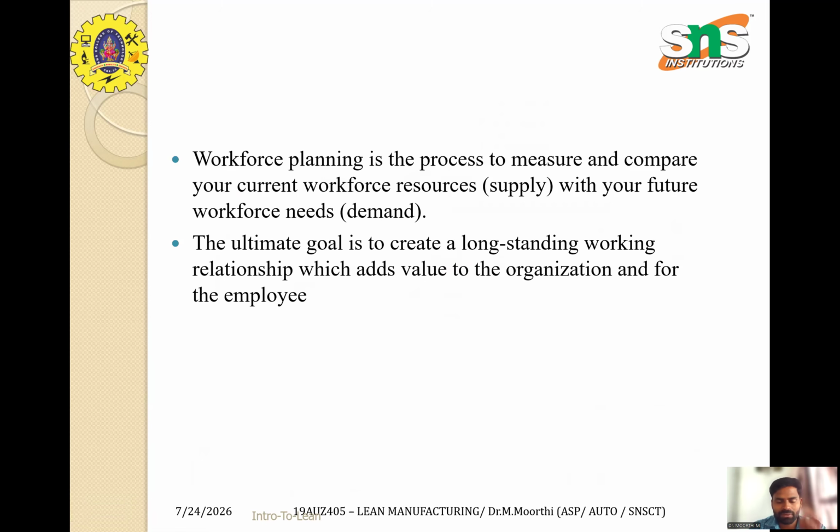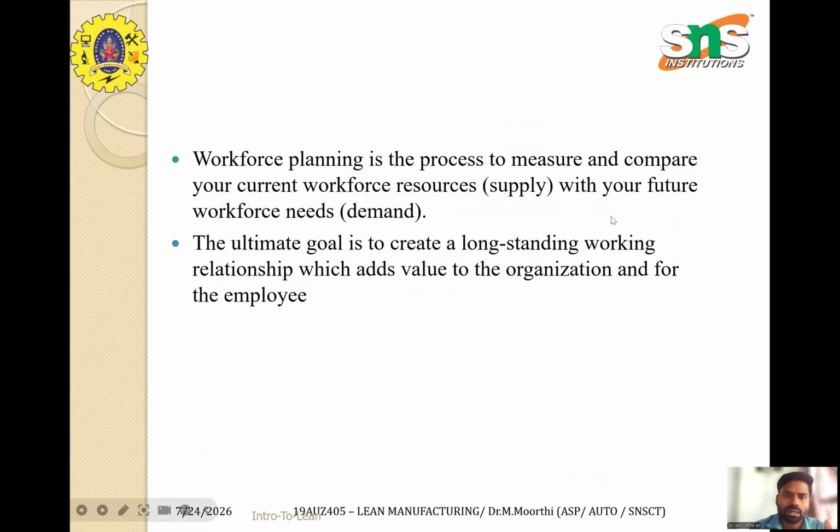So we need better clarity on what we have and what demand will come in the future. By correlating the availability and the demand, we will definitely make good improvement in the industry.